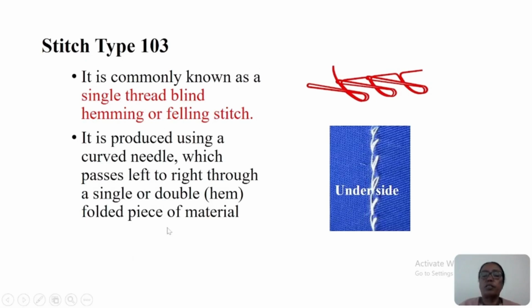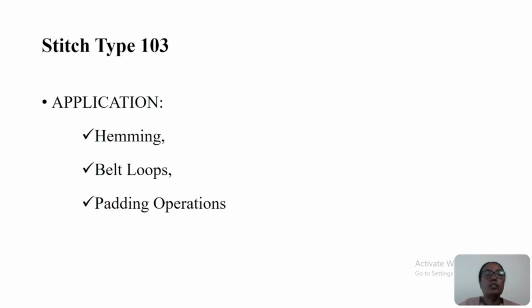When you are seeing this stitch type on the underside, like this, only one thread is used, but the stitch type is like this. Stitch type 103 is more applied for hemming, belt loops, padding operation. These are what stitch type 103 applies to: hemming, belt loop, padding operations.